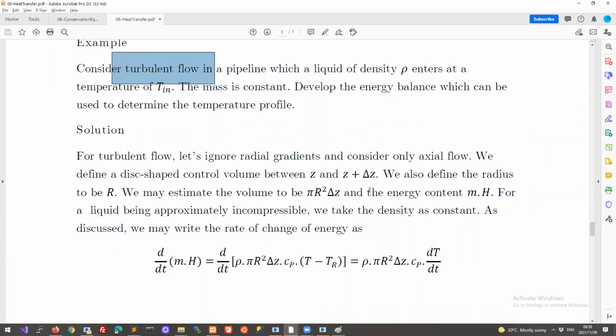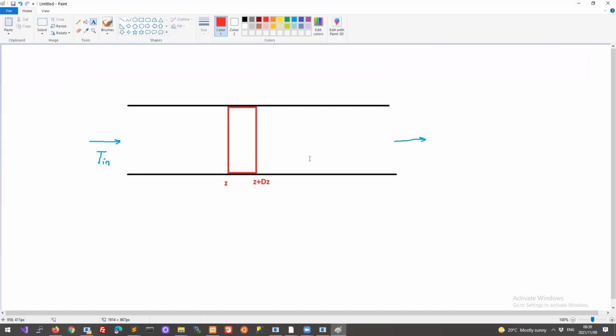So first off, we can talk about the geometry of our control volume. So of course, if we define R to be the radius of this pipeline, so this is R, a little arrow there, and this is R, the radius of the pipeline. Then we know that the cross-sectional area here on this edge and on this edge is going to be pi r squared.